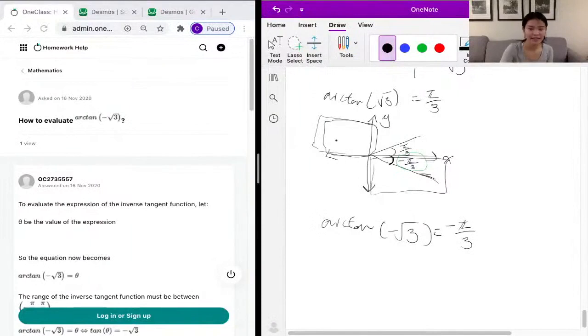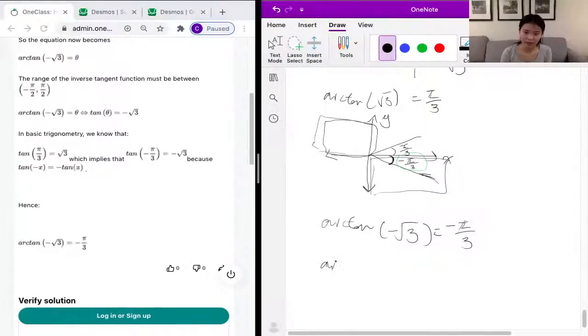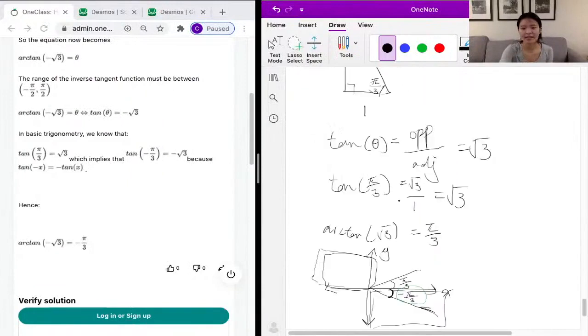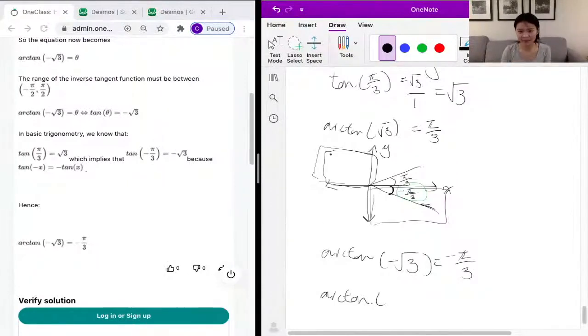The answer is actually yes, you're right to wonder. However, the arctangent function has a restriction. Why? Because the arctangent function is the inverse of the tangent function, and technically the tangent function isn't a one-to-one function.